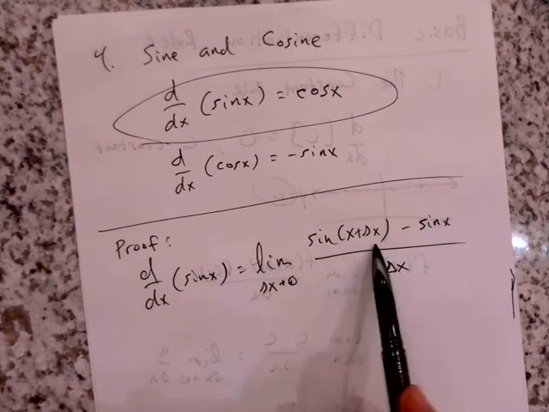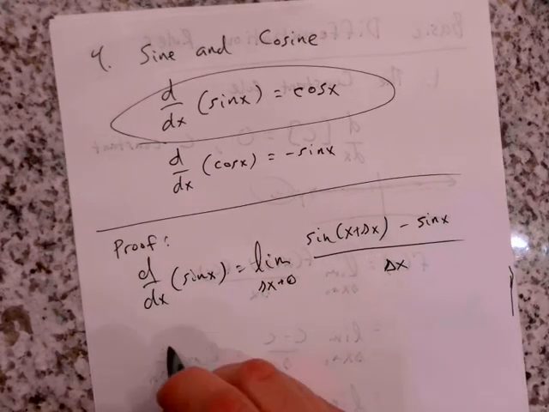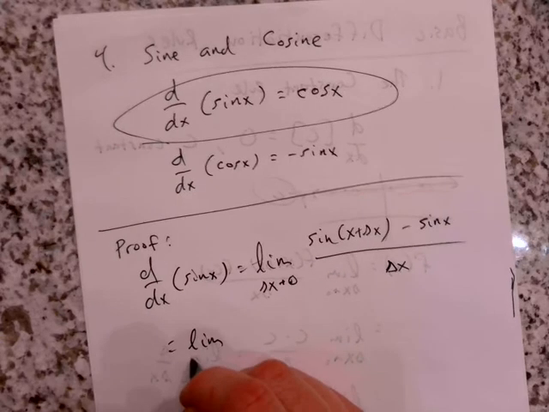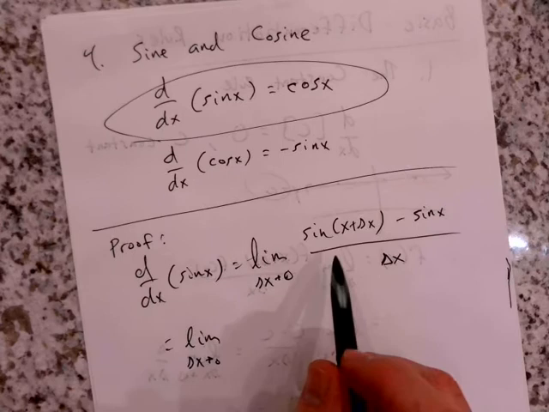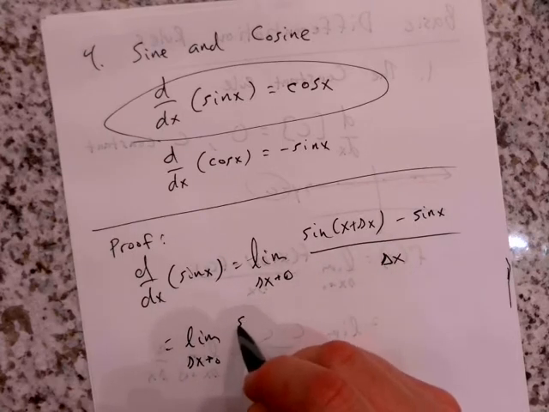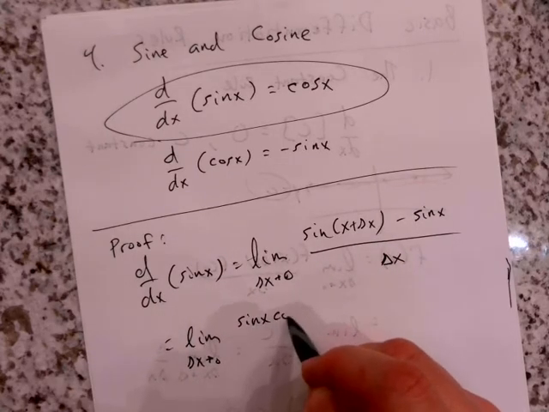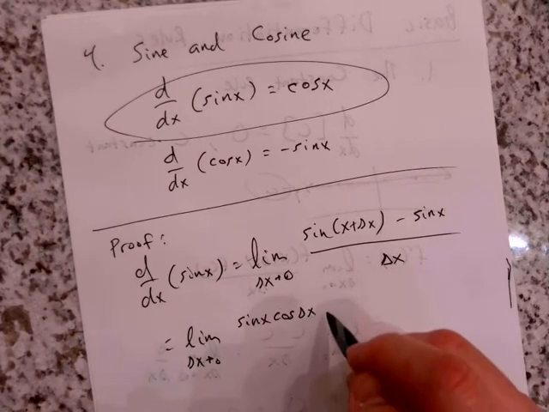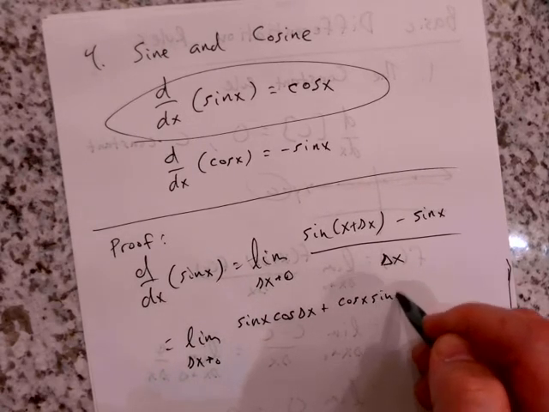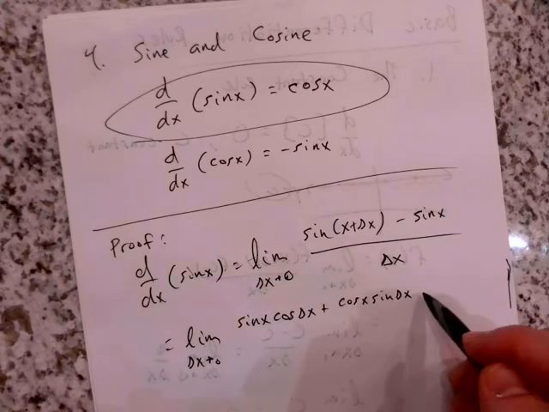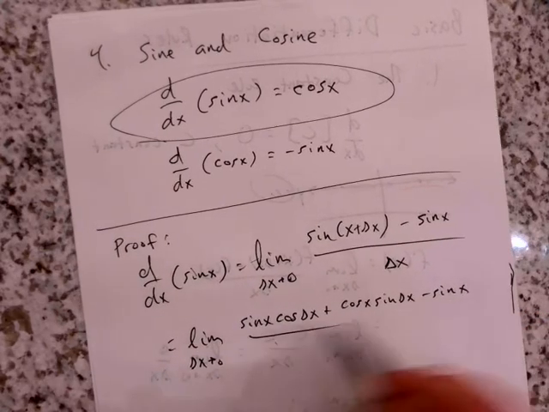We expand this sum using one of the trig identities you learned in pre-calculus or algebra 2, wherever you learned it. Sine of x plus delta x is sine of x cosine delta x plus cosine x sine of delta x, and then minus sine of x, over delta x.